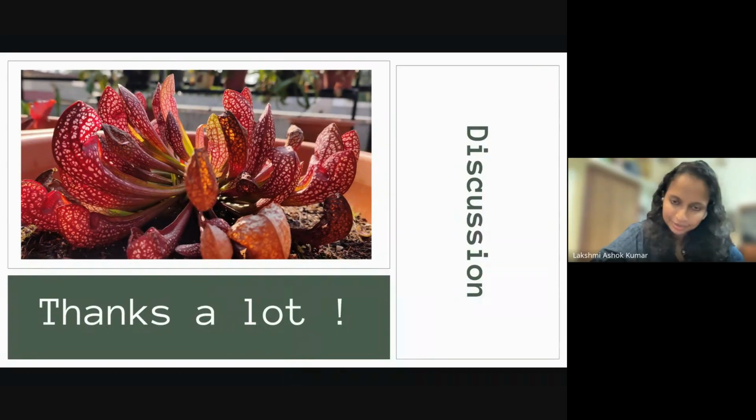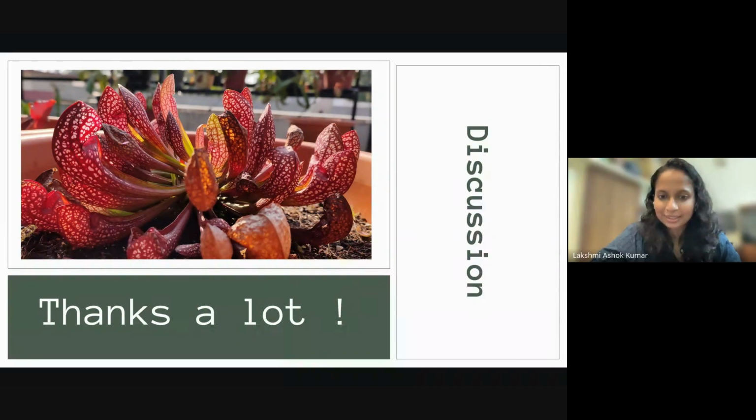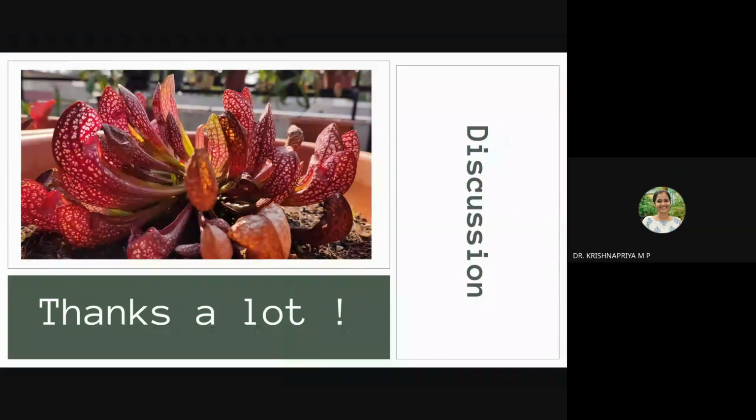They have a mutualistic association with one Nepenthes species, Nepenthes lowii. They benefit from the poop of the tree shrews. Nepenthes lowii feeds on the poop of the tree shrews, and the tree shrew uses it like a toilet.